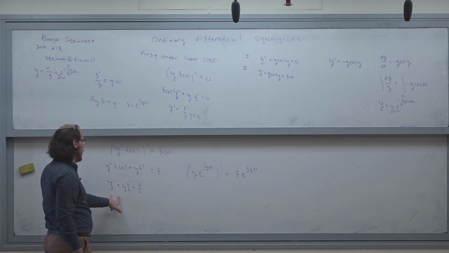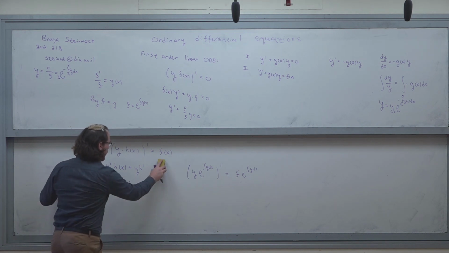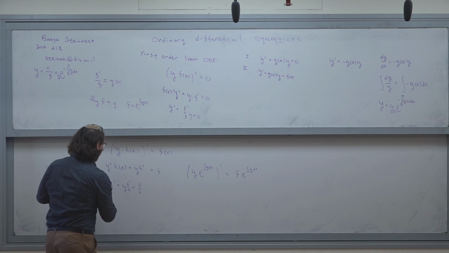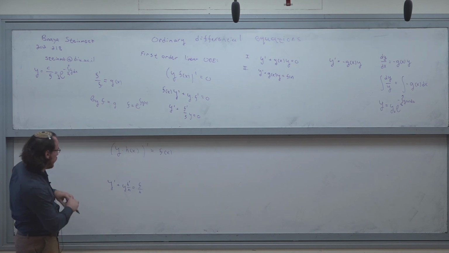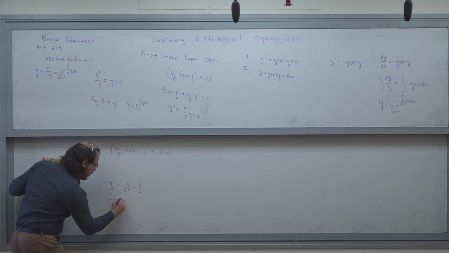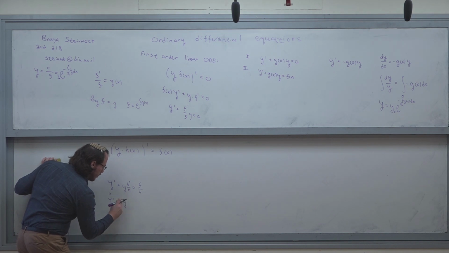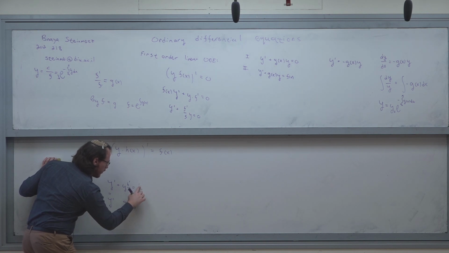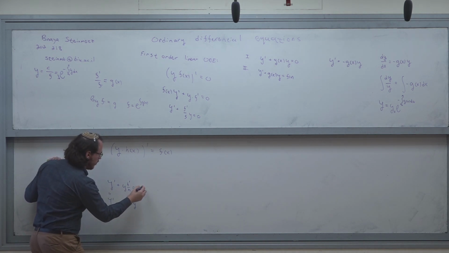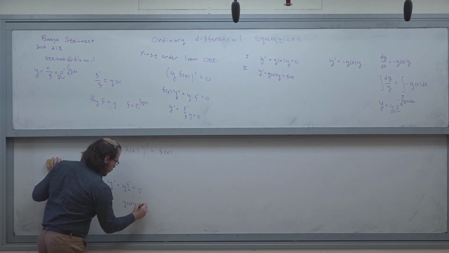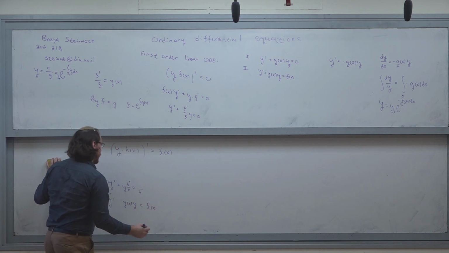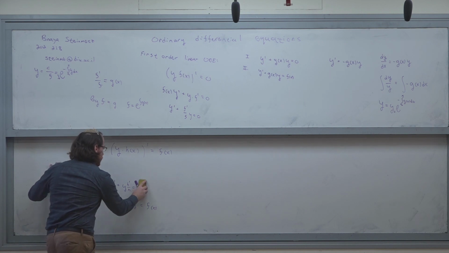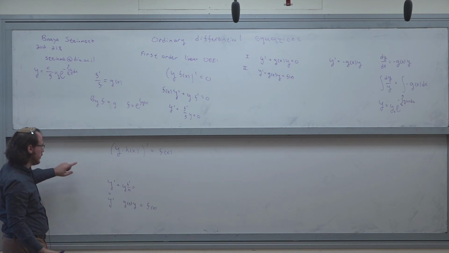I want this to be that, so this should be equal to y prime. This should be equal to g y, and this, whatever that was, should be equal to f of x, right? This is the point.